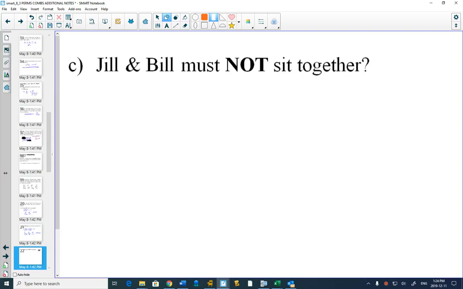And so I think I have it written out for you as the not strategy. Sometimes it's easier to count the opposite than it is to count something directly. The opposite of not sitting together would be Jill and Bill sitting together. And we already counted that in part A, right?